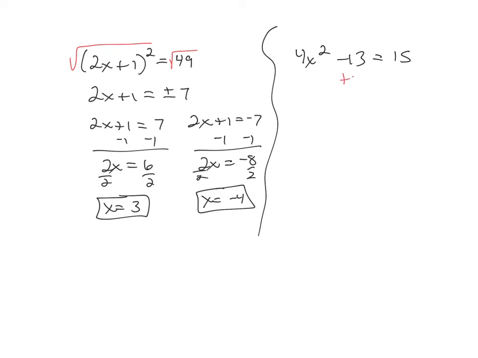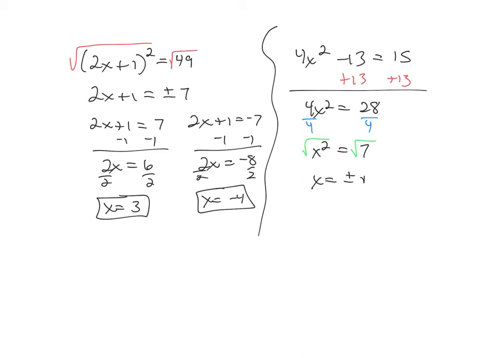So if I do plus 13, and then divide by 4, okay, and then when I do the square root, I can't do the square root of 7, and the square root of 7 does not reduce, so it would just be x equals square root of 7.